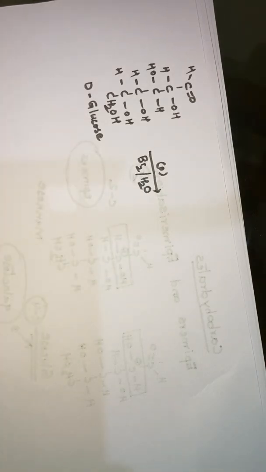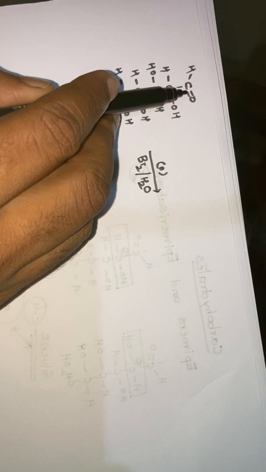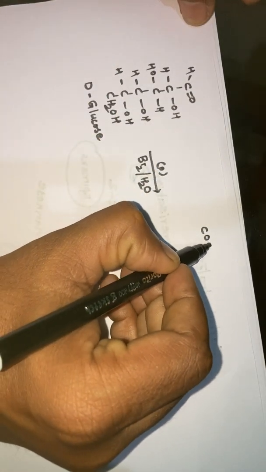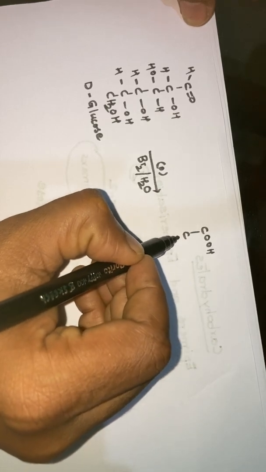What bromine water does is convert this aldehyde into an acid. So glucose gets converted into an acid.